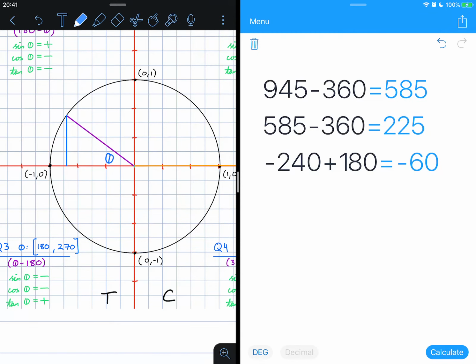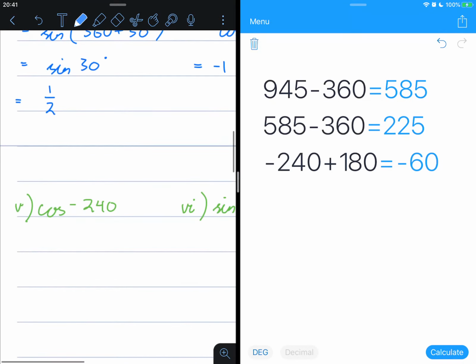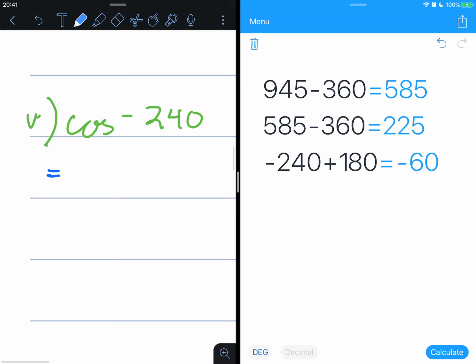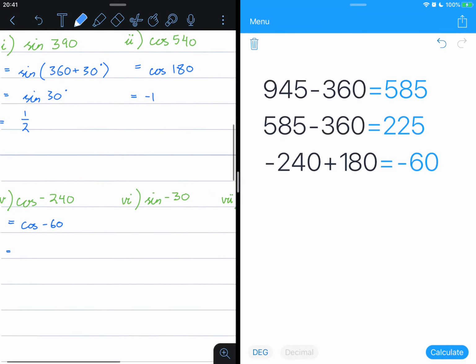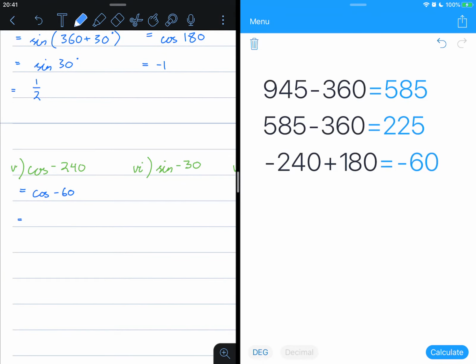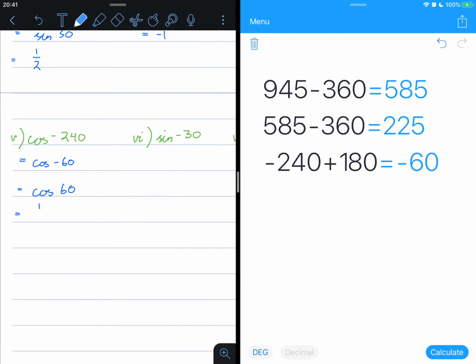So cos of -60 is this equivalent angle. So this is equal to cosine of -60. Okay, so cosine of -60, that's the same as if it were cosine of +60, which cosine of 60 is half.